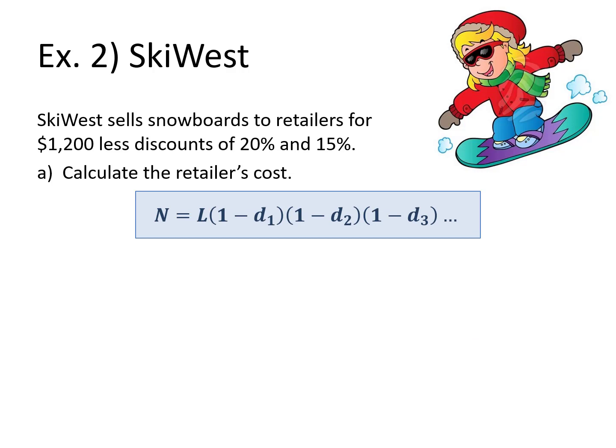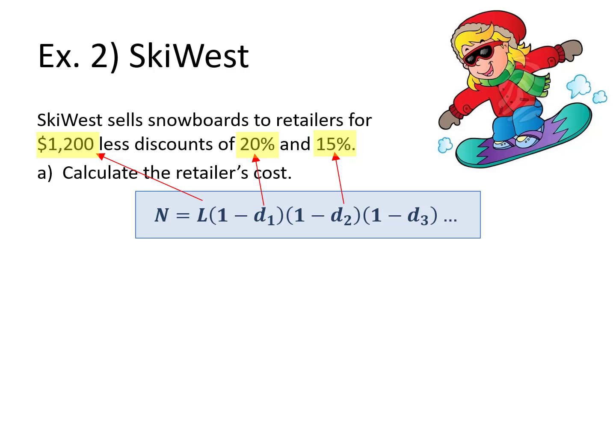So now how do I figure out what this list price and discounts is based on this language? This language is a little bit weird at first, but this is typical language used by suppliers to retailers, where we would have a list price, in this case, $1,200, and then we would have the trade discounts that are being applied to it. 20% and 15% in this case are the two stacked discounts.